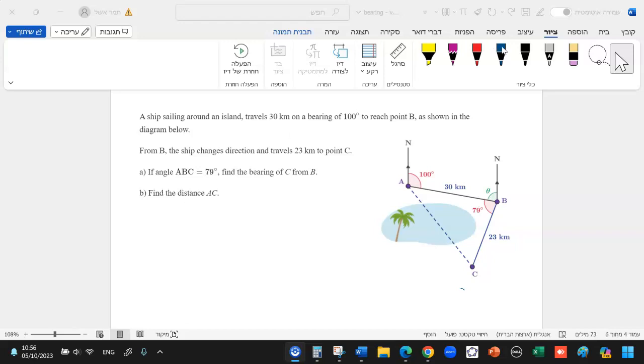So for A, we need to find the bearing of C from B. What we need is this angle. This is the bearing of B to C.